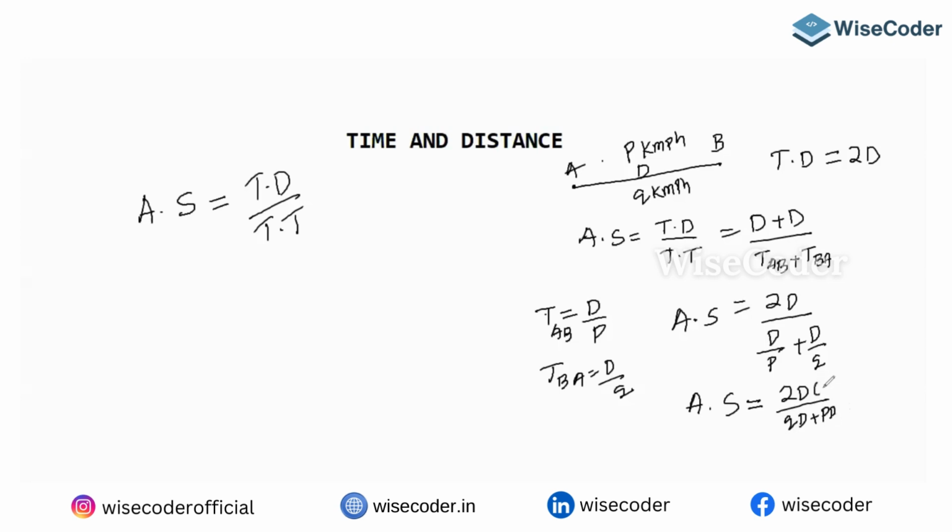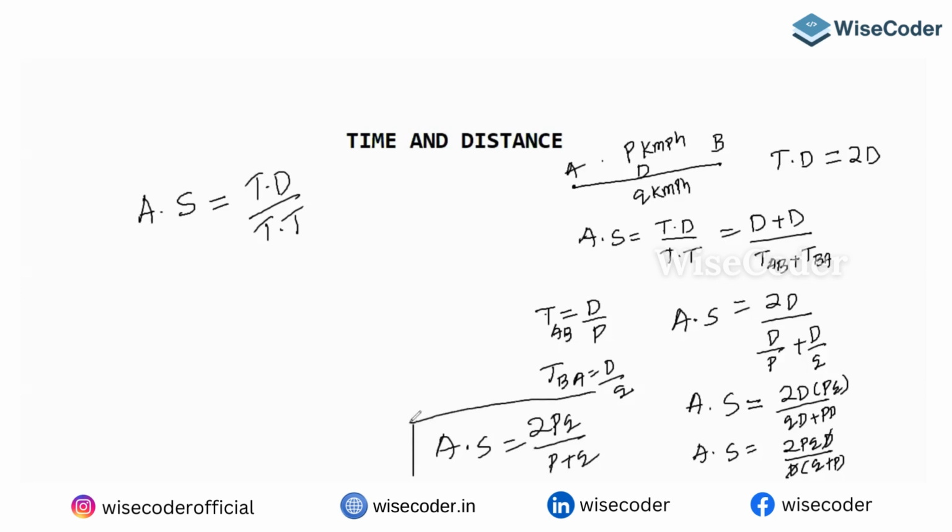So pq goes to the numerator, and the average speed will become 2pqd by d times (q plus p). The d's cancel, so the average speed is 2pq by p plus q.